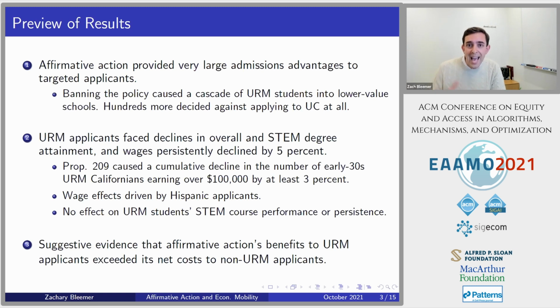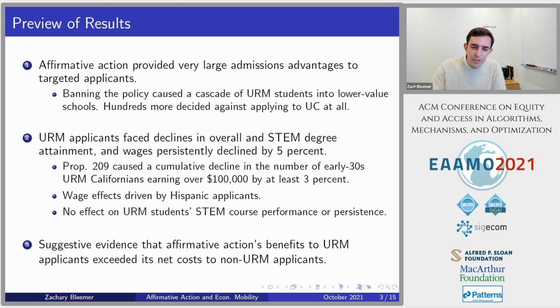As a result, you can add up the number of high-income Black and Hispanic young Californians that would exist if they continued to have access to affirmative action when they had applied to college years earlier. It looks like there's a decline in these high-earning youths' earnings by about 3 percentage points, though this is wholly driven by Hispanic college applicants, not Black college applicants.